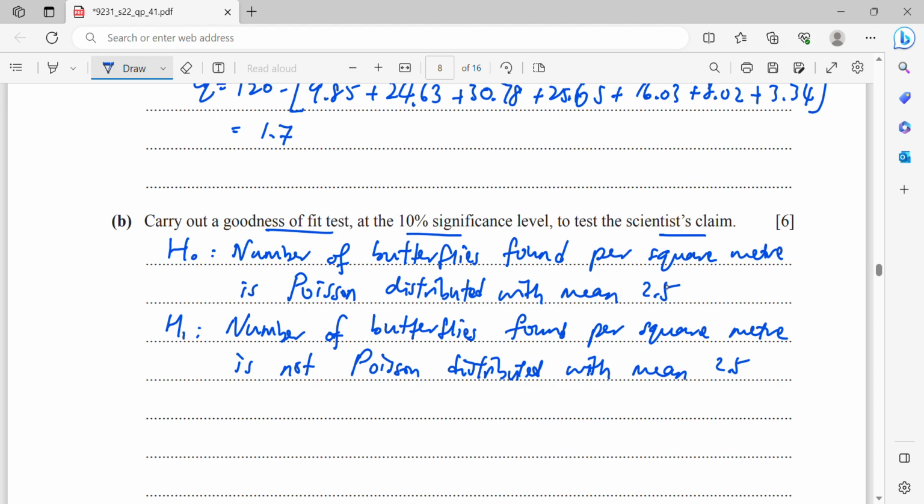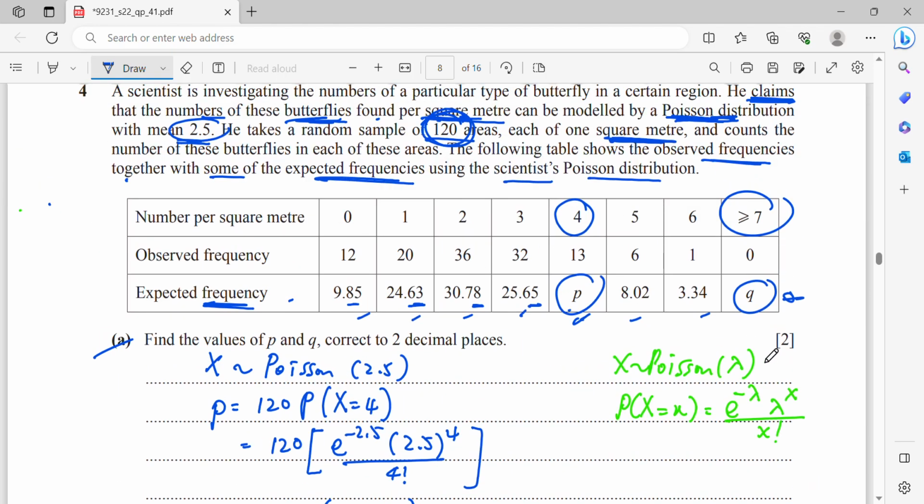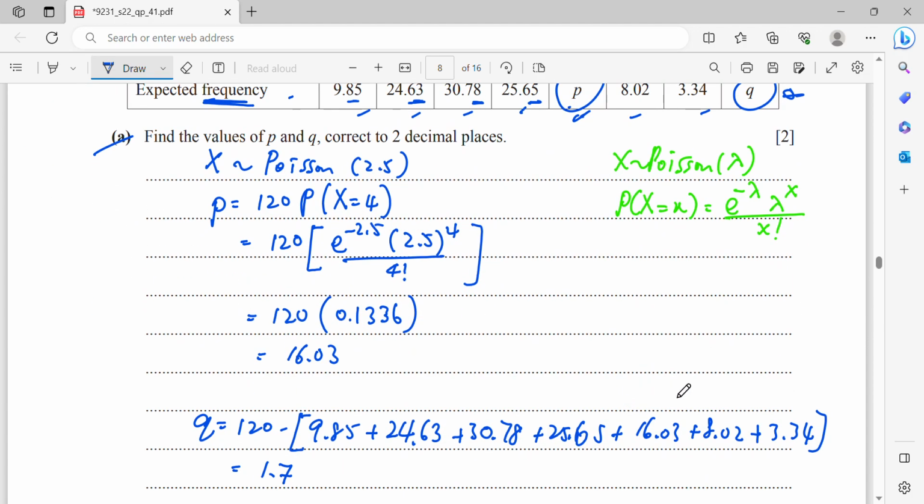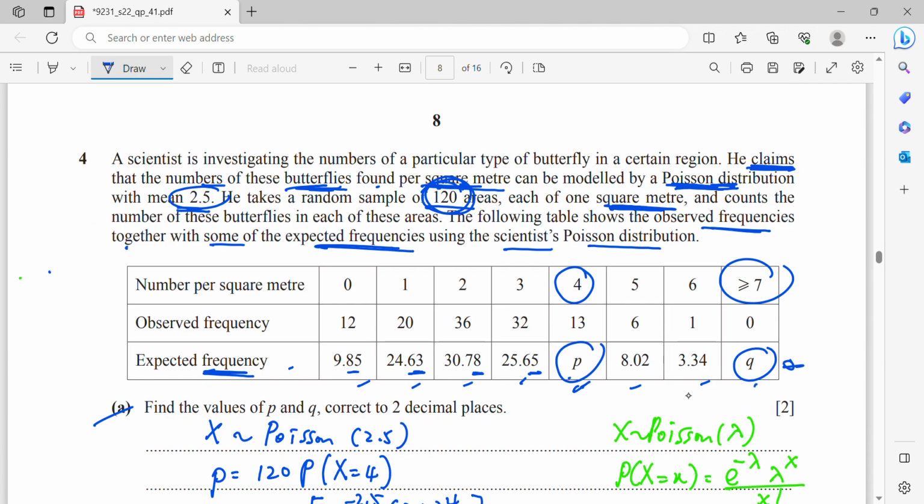Now alpha is 10%, so I will write alpha equals 0.1. Now let's look at the table. Just now we found Q is 1.7. For the goodness of fit test, we need to use the chi-squared test.